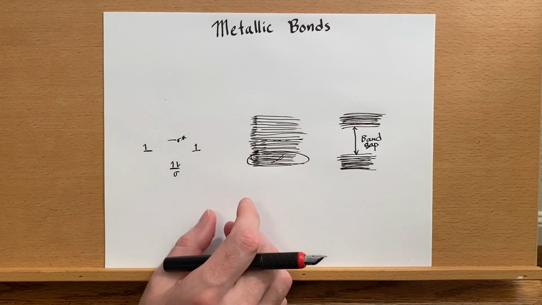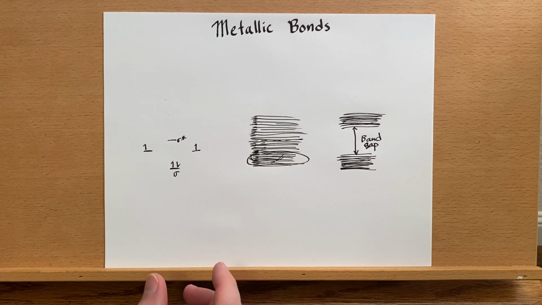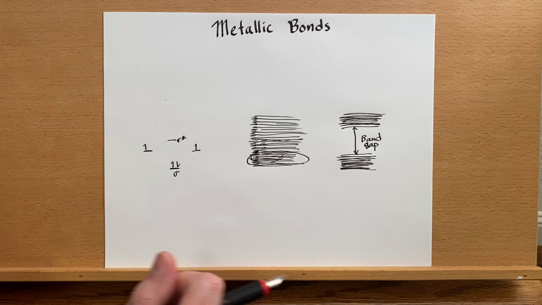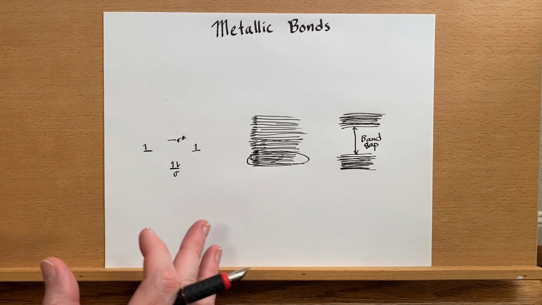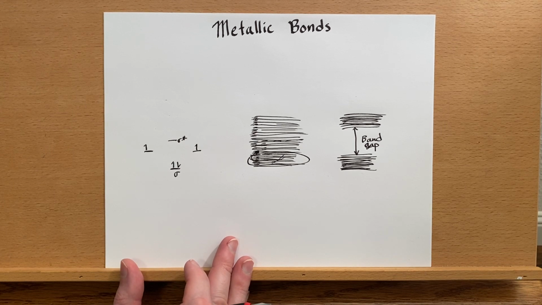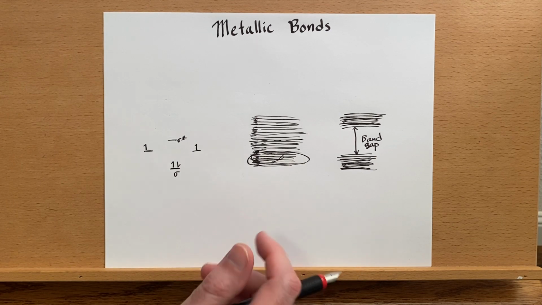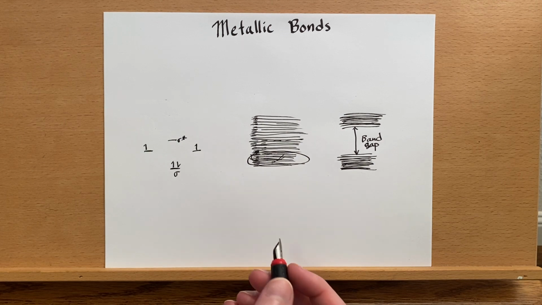The other thing that's interesting about metals is that they're malleable, and that is that you can hammer it into a different shape and it doesn't just fall apart. If you were to try this on an ionic solid or a ceramic, it will break. But with a metal, it will just distort into the new shape because you can bend it.